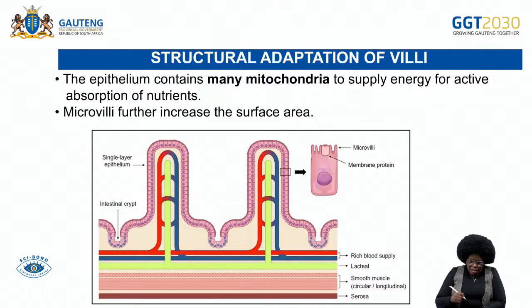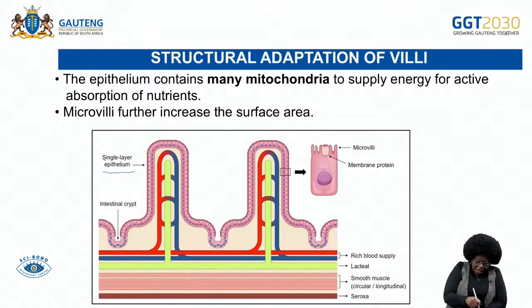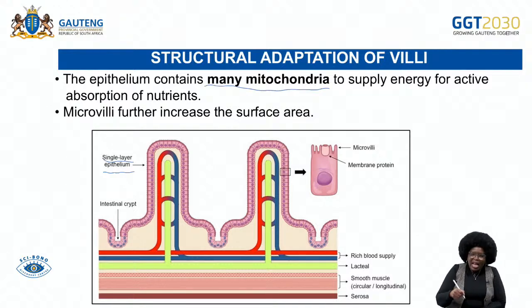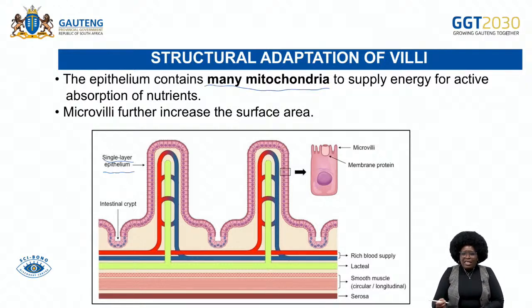Let us talk about the structural adaptation. Epithelium, that single epithelium, you see this is our single epithelium cell. It has got many mitochondria. You know mitochondria, you have learned it earlier on. Mitochondria supply energy for active absorption of nutrients.